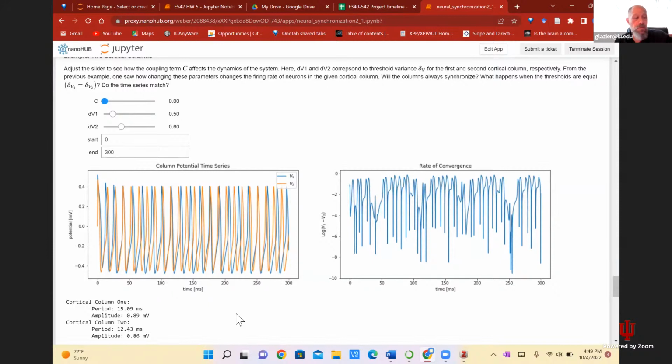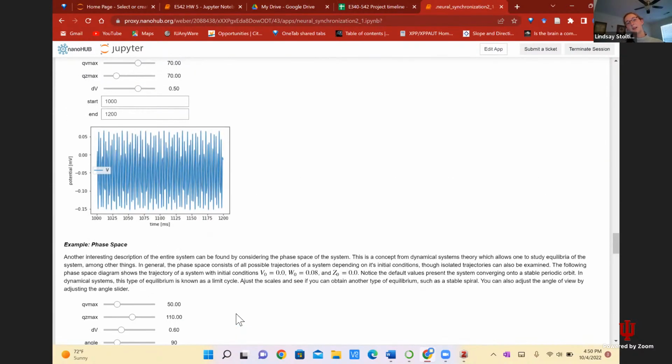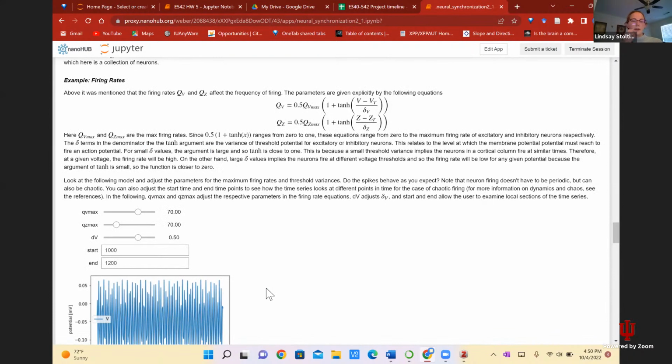One thing you mentioned more technically is they talked about chaos. I don't know if they defined chaos. Yeah, the paper has a whole section on the types of chaotic attractors that you can get. But it wasn't so much in here. And I could see why they didn't do it, because it's a fair amount of work.